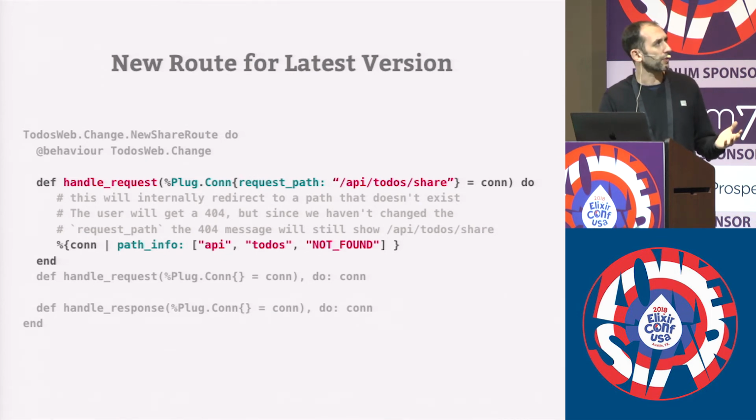But for the older users that we don't want to get this, they will come into this change module, and we will actually reroute them to a path that doesn't exist. So this is a path we've predefined as a not found path. They will actually receive a 404 for their original request path, and internally, we reroute it to a path that doesn't exist, and it just uses the default 404 behavior.